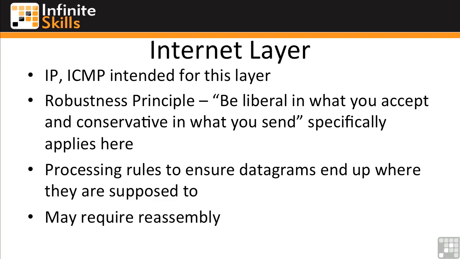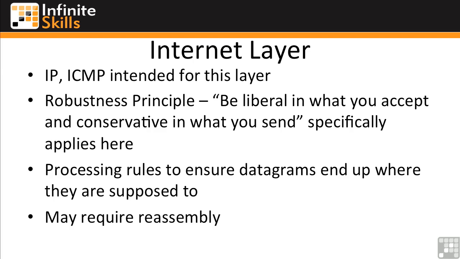This is really where the robustness principle is in play. You'll hear the robustness principle referred to from time to time, whether they call it the robustness principle or not. It says, be liberal in what you accept and conservative in what you send. And that really came from a guy by the name of John Postel, who was really critical in the early days of getting the ARPANET and the NSFNet and the different networks that created the internet.